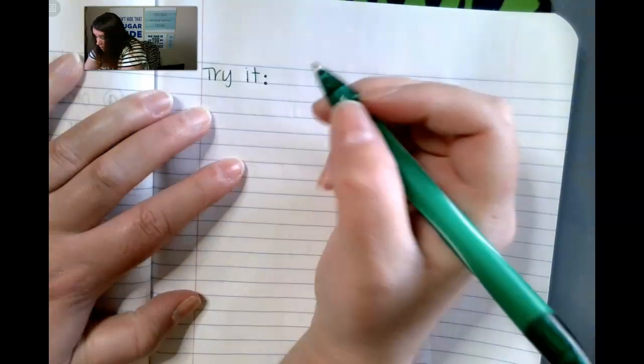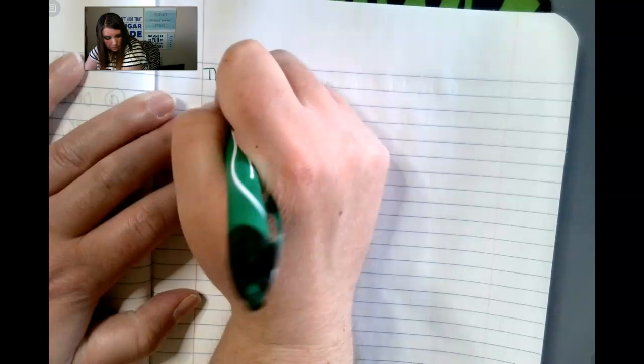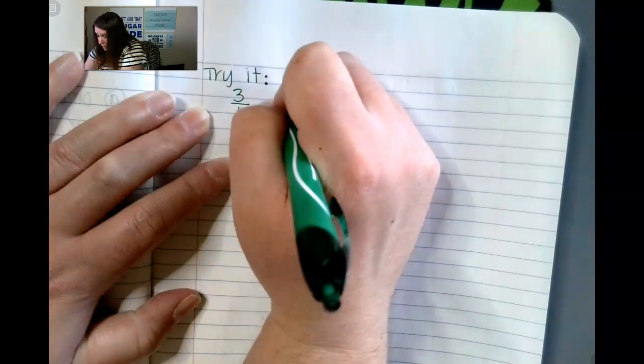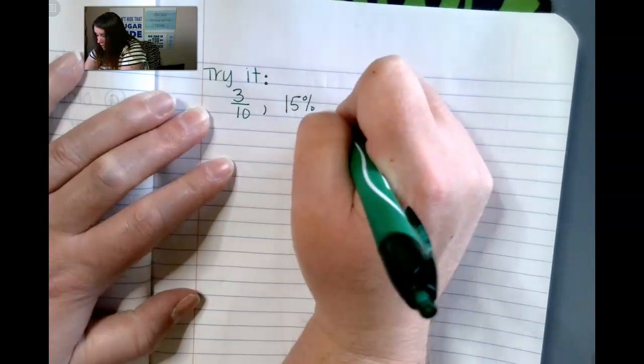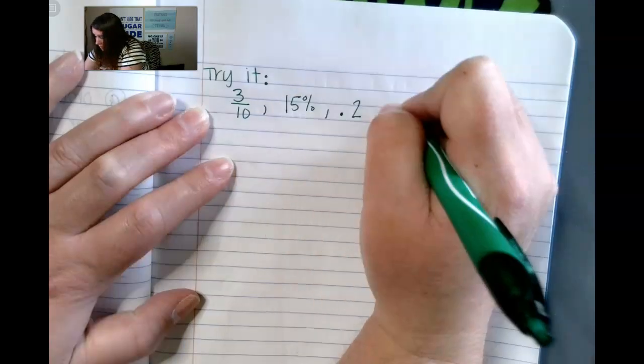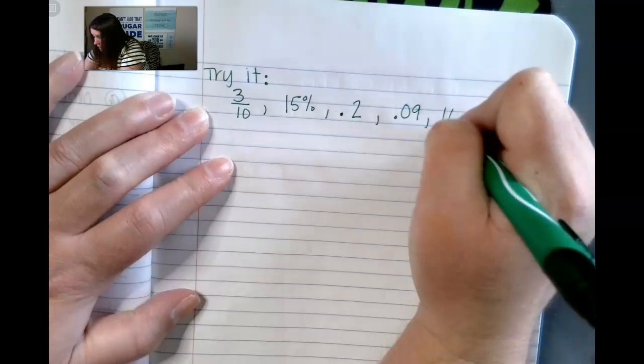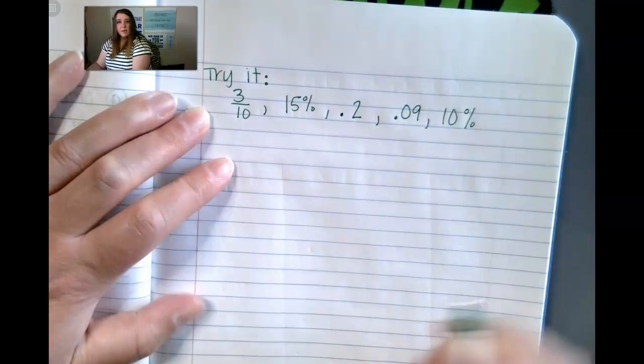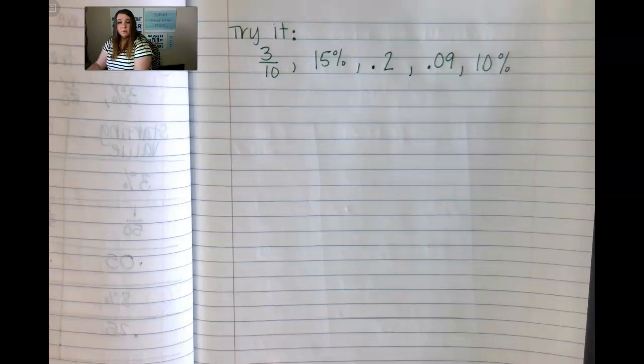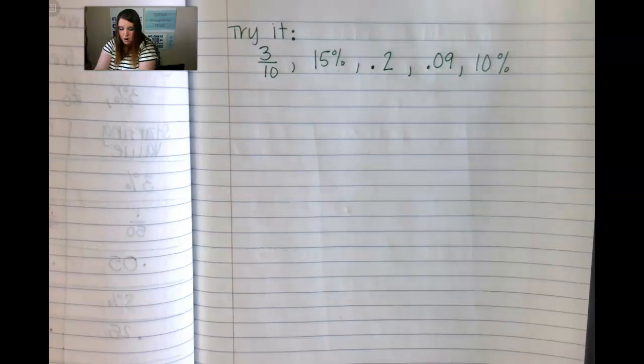The try it for today says: compare and order from least to greatest 3/10, 15%, 2/10, 9 hundredths, and 10%. Okay, go ahead and hit pause right now so you don't hear me solving this problem for you. And then come back whenever you are ready.